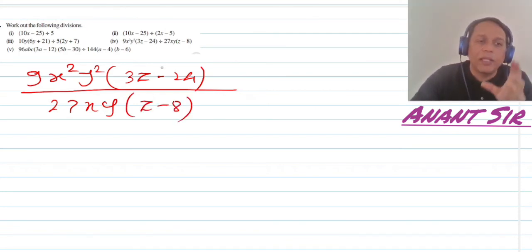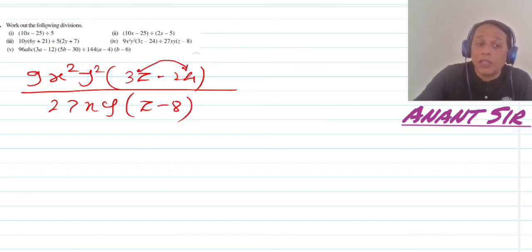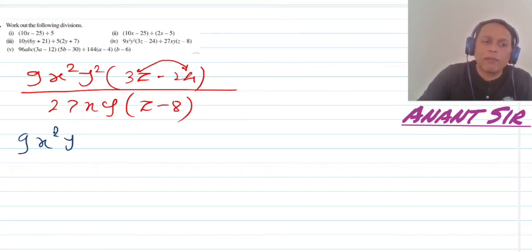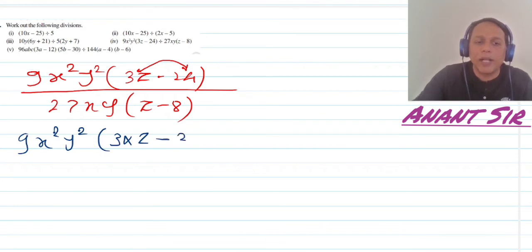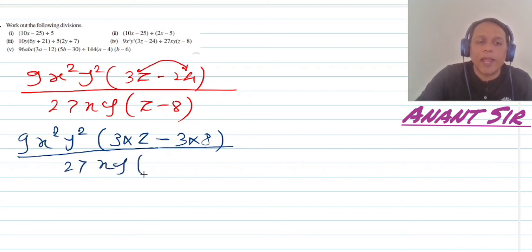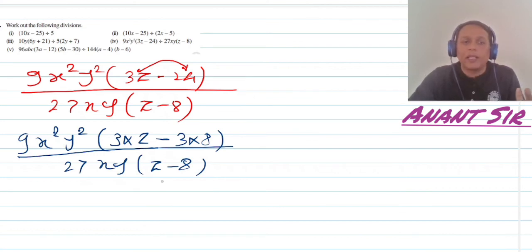Now, in the numerator, in this bracket, I can take 3 common. Before that I am not going to solve anything further. I am going to write 3z as 3 into z, 24 as 3 into 8, and the denominator I am going to write as it is, 27xy into (z minus 8), because we cannot do anything in the denominator, right?